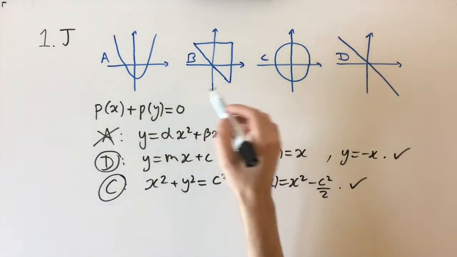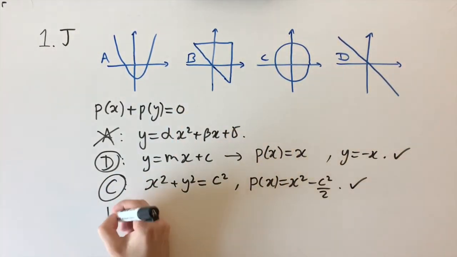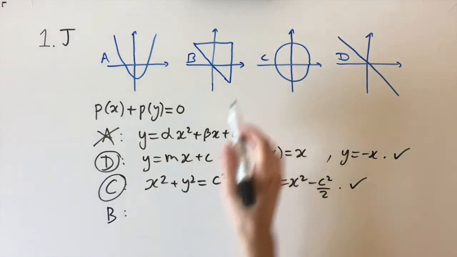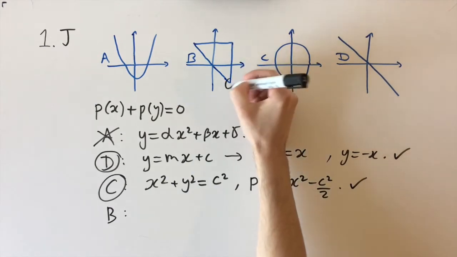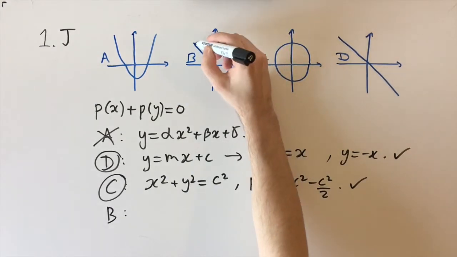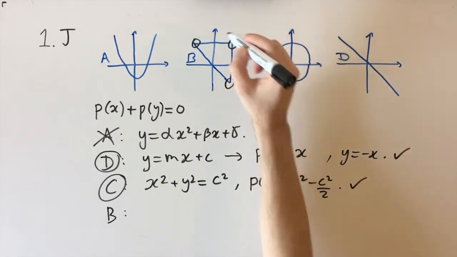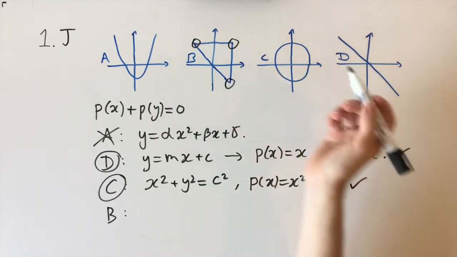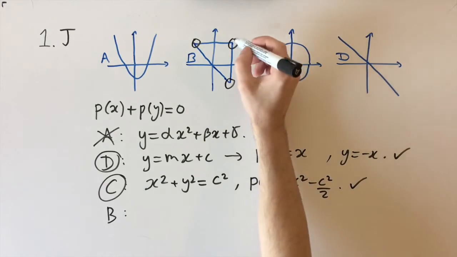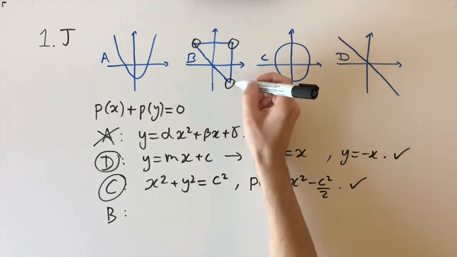And the final part of this question is to look at B. So B should be ringing alarm bells already because we have these very sharp corners. And this is definitely not something a polynomial can generate. So there's a few reasons you might see this. A polynomial is always differentiable. So how would we define a derivative at these points?